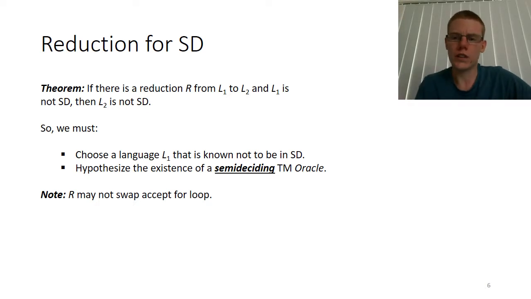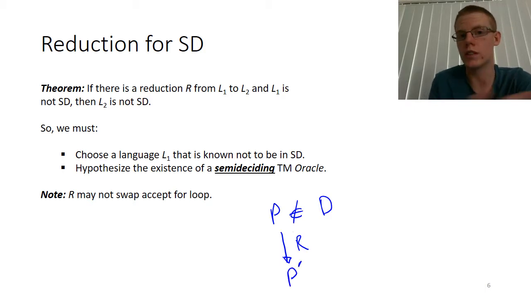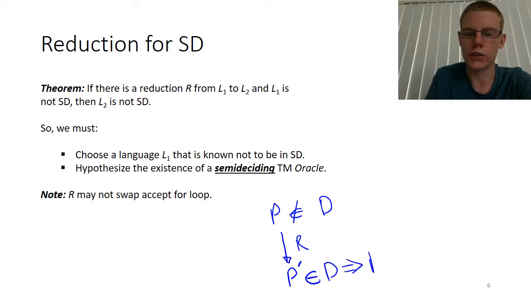So before, with the decidable languages, what we did is we took a language which we knew was not decidable, so for instance the halting problem, and we showed a conversion method which could turn yes instances of that problem into yes instances of the problem we care about, which I'll call P', and no instances into no instances, and thus we will show that if we can solve the second problem, the one that we care about, that implies a solution for the first problem, which is where we get our contradiction.